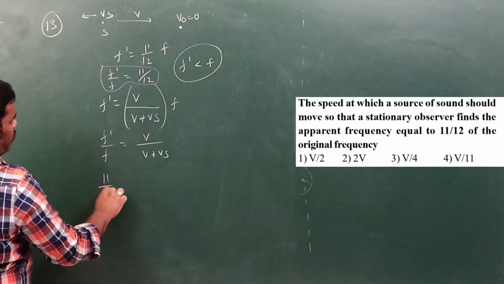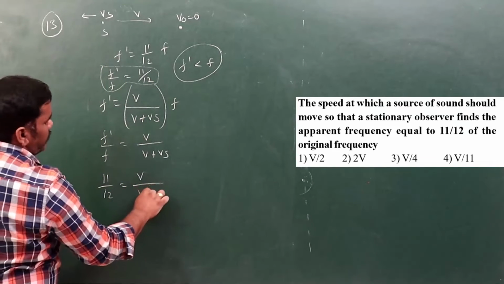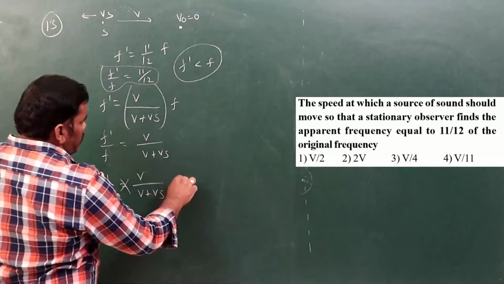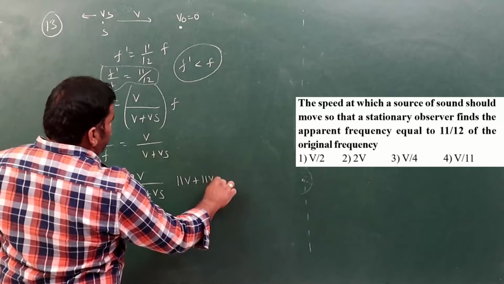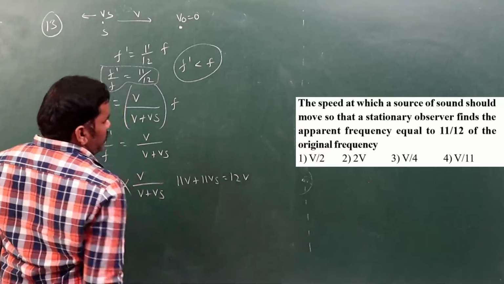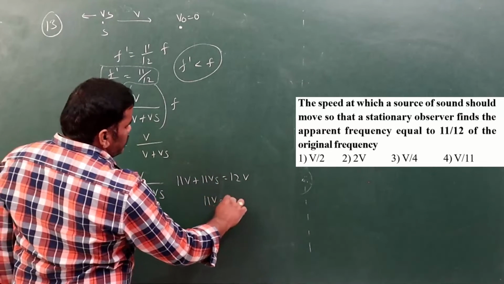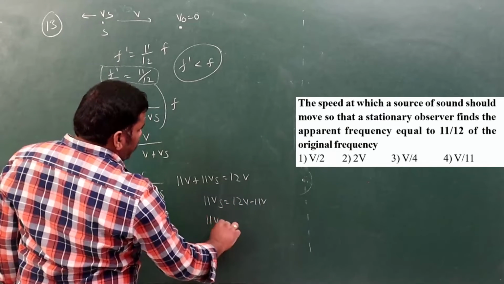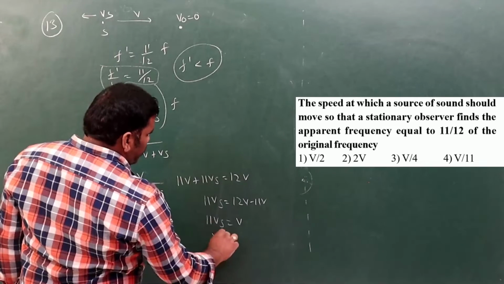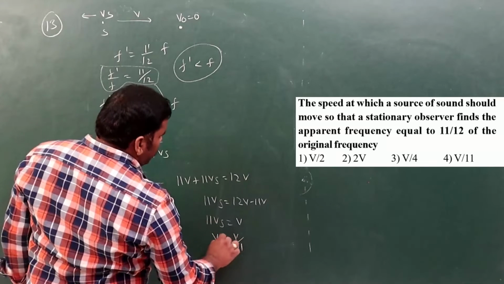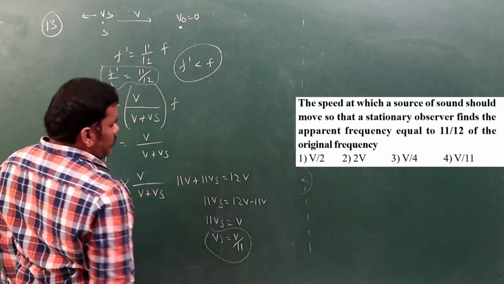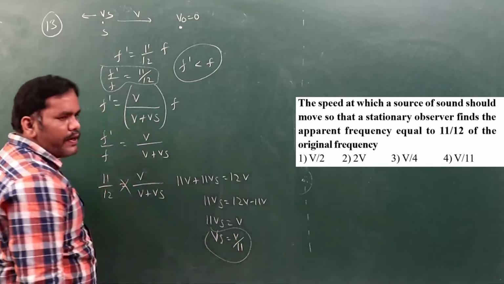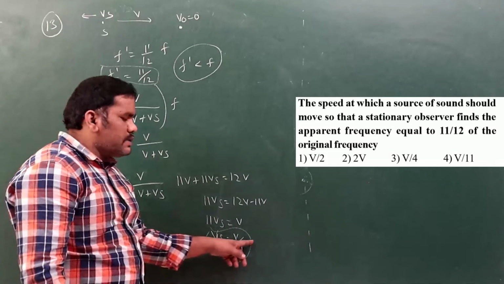So 11 by 12 is equal to v by v plus vs. Cross multiplying, 11v plus 11vs is equal to 12v. So 11vs is equal to v, so vs is equal to v by 11. So the velocity of the source is 1 by 11 of the velocity of sound.